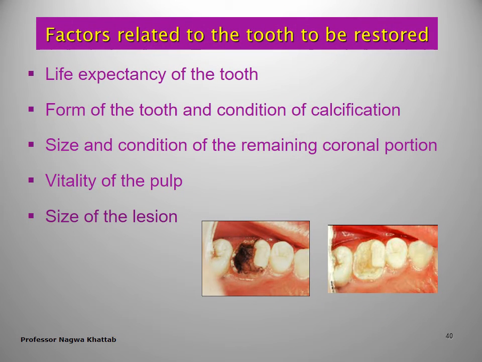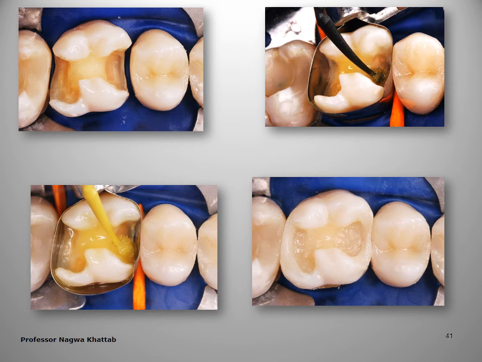Factors related to the tooth itself: the life expectancy of the tooth, whether the tooth is about to shed or still has time; the form of the tooth and degree of calcification; size and condition of the remaining coronal portion; vitality of the tooth. If the tooth is non-vital or has had pulp therapy, you have to make a full coverage. Size of the lesion and its extension.